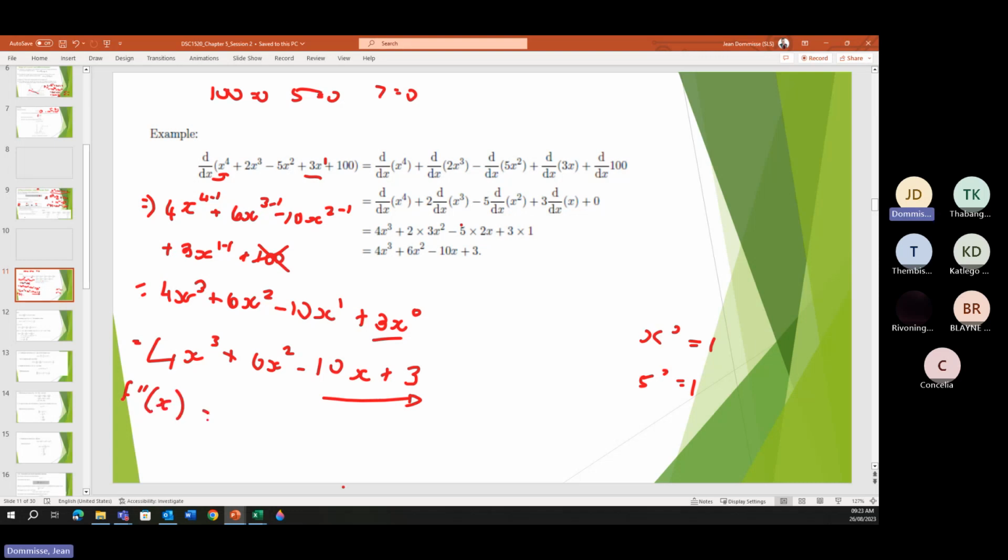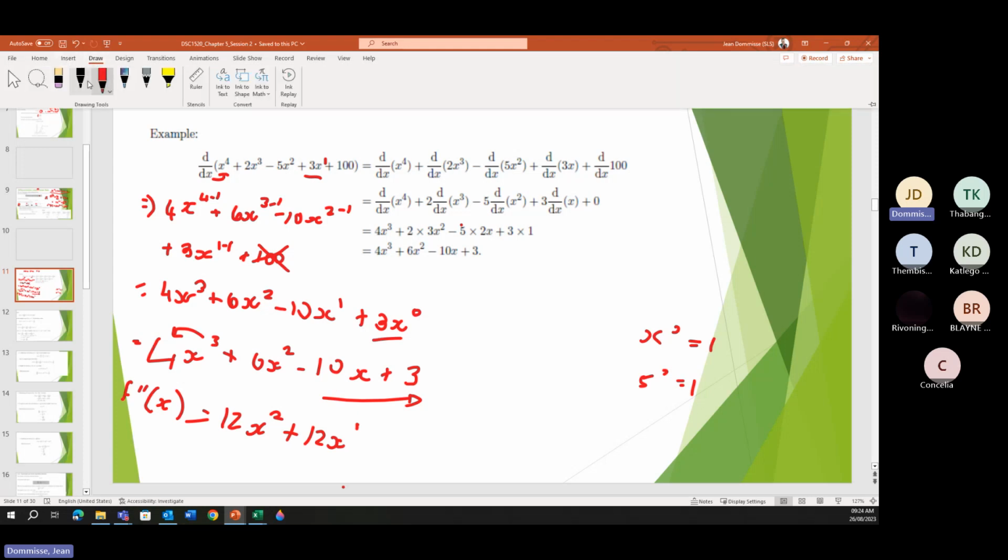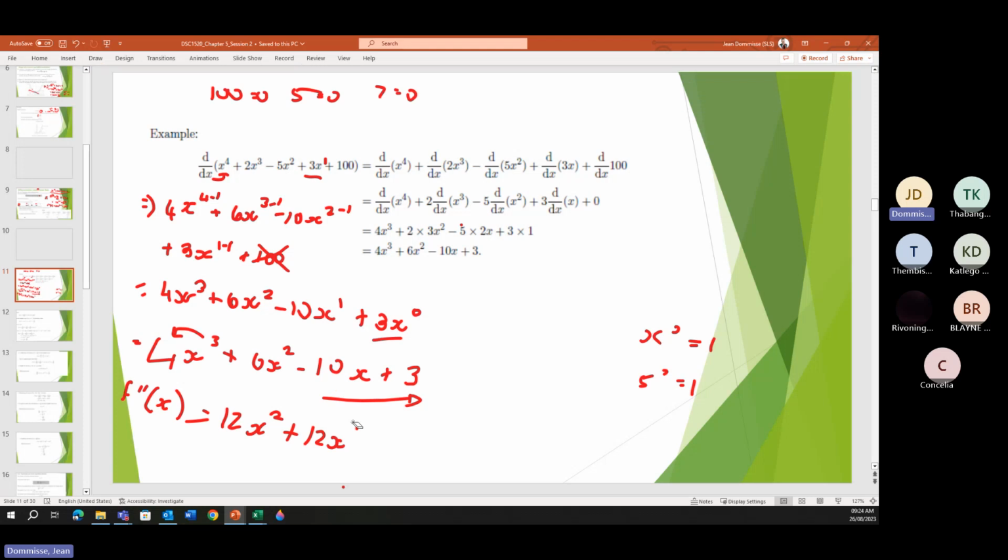Let's follow the same process. 3 times 4 is 12. x to the power of 3 minus 1 is 2. 6 times 2 is 12. x will be 2 minus 1, so it will be to the power of 1, which we can just take away. So it becomes 12x.